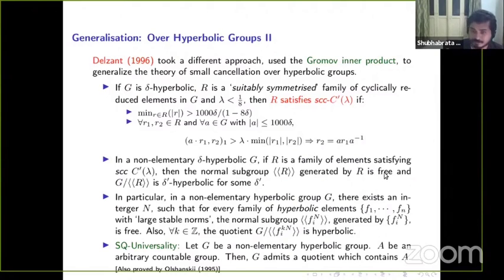That's remarkable. And then he also shows that the quotient of the group by the normal subgroup is delta prime hyperbolic for some delta prime.